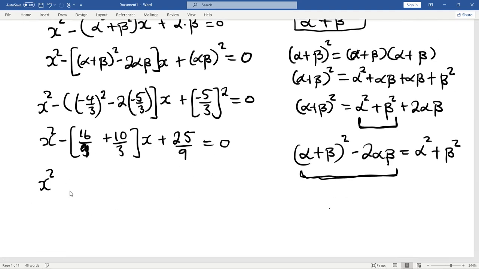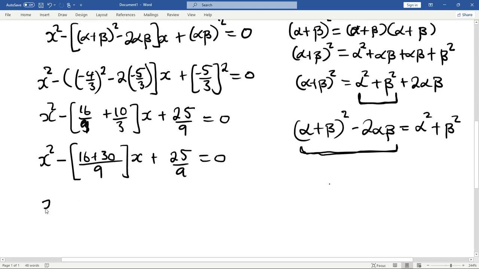We have x squared minus, then what's in the brackets here? The common denominator here is 9. The 9 into 9, 1 times 16, 16 plus 3 here, 3 times 10 here. We're going to get 30 like this. Then we have x here plus 25 over 9 equal to 0 here.